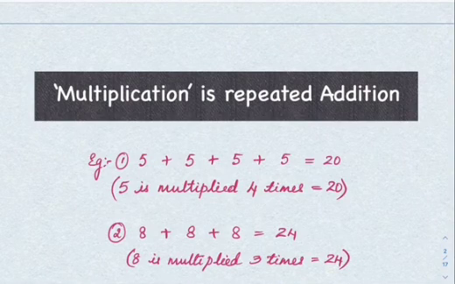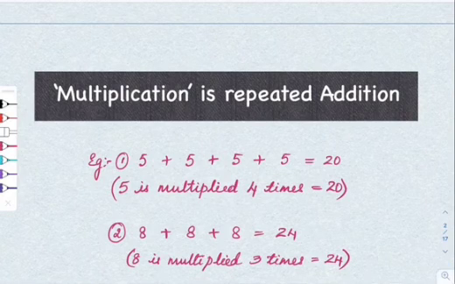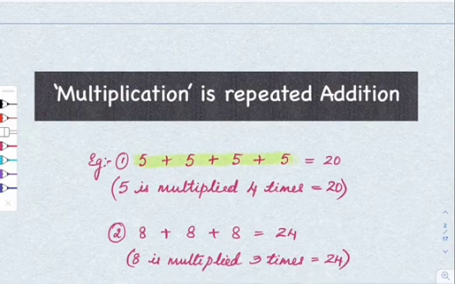Now, to start the session, we need to learn what is the meaning of multiplication. Children, you have already learned in the previous years that multiplication is a repeated addition. Multiplication is called repeated addition because, for example, see here, it is 5 plus 5 plus 5 plus 5.